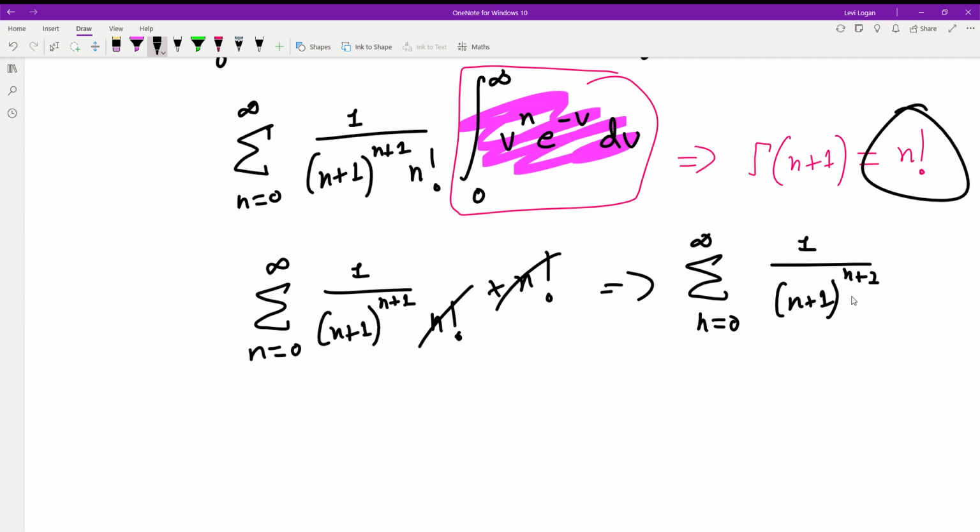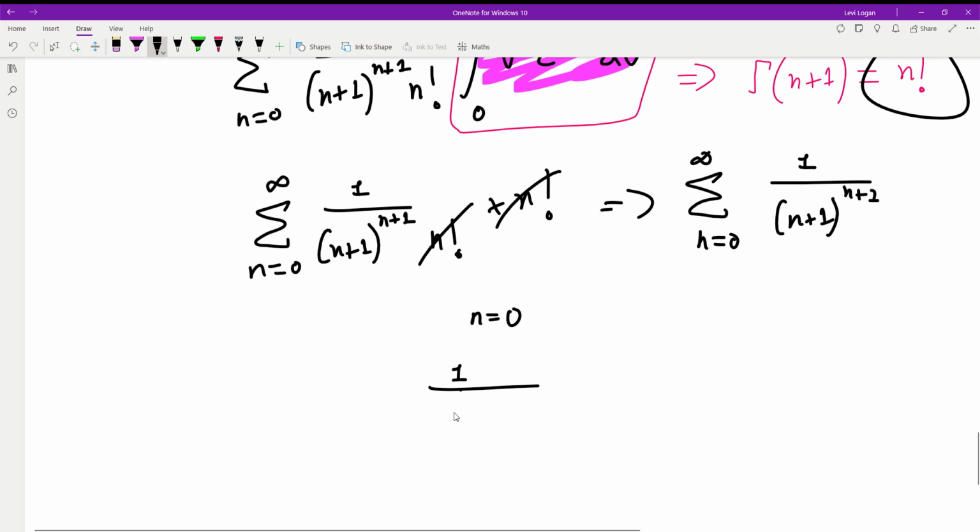We can actually rewrite this again because we can move the index along. If we put in n equals 0, that'll give us your first term. Oh, hold on, I think I made a mistake there.